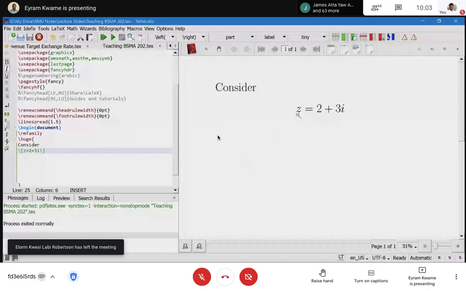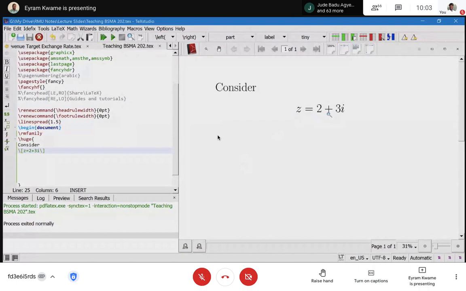If z is equal to 2 plus 3i, then z squared is equal to what? 2 plus 3i all squared.